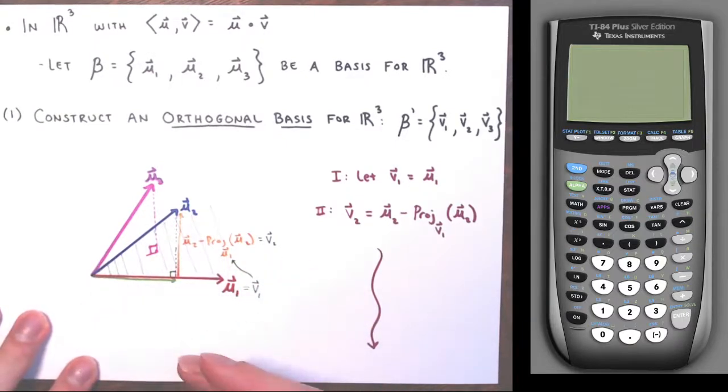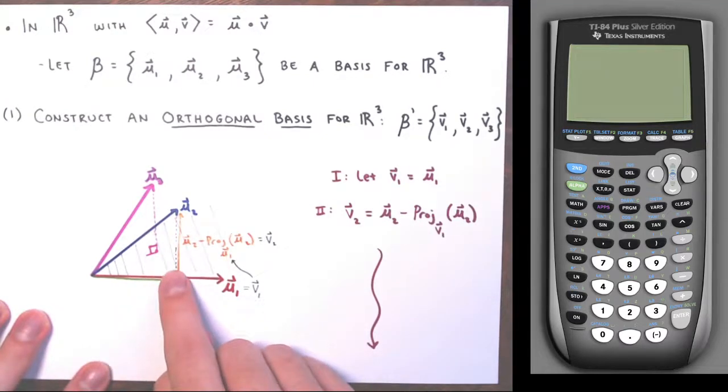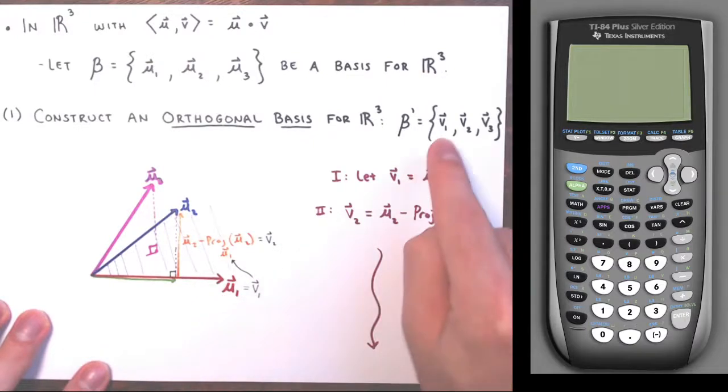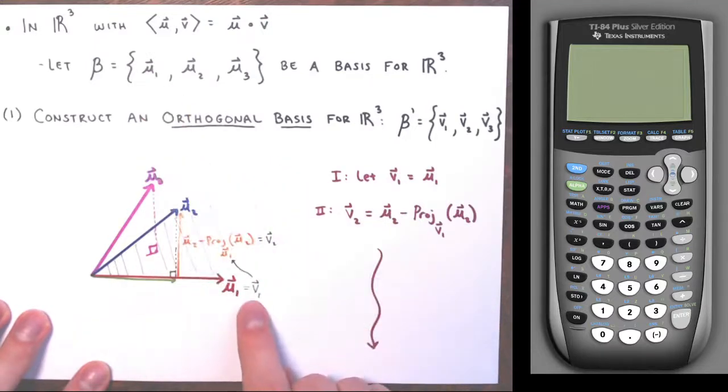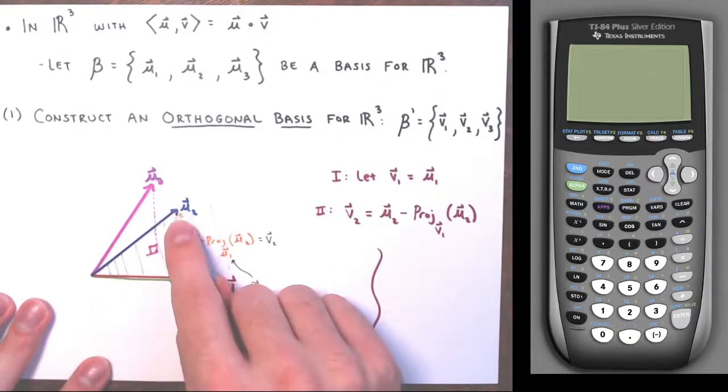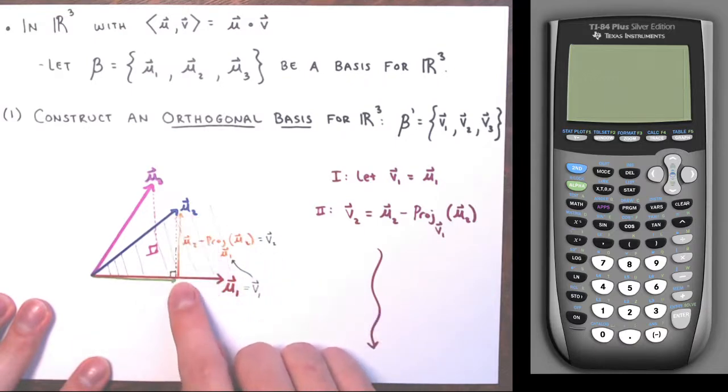Now I start off the same way as I did with R2, with 2 vectors. Right? Let's look at U1 and U2. Again, I'll just have U1 be the V1. Right? I'll have the first vector in my orthogonal basis be the first vector of my original basis. So U1 is V1. And then I want to find a vector that's orthogonal to this. Well, I can use U2 to do that by finding the projection of U2 onto V1 and then subtracting it from U2.